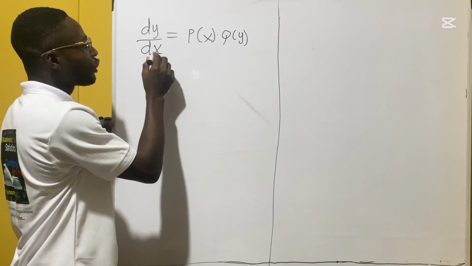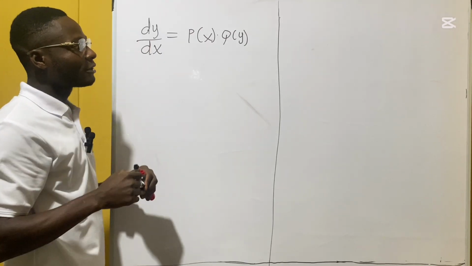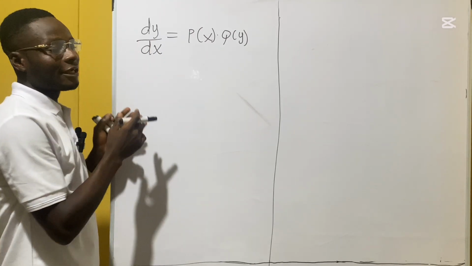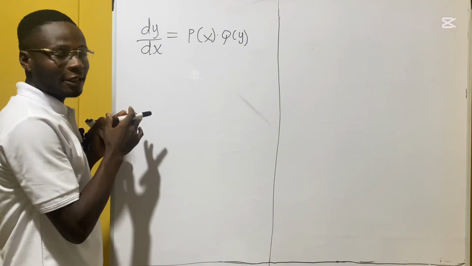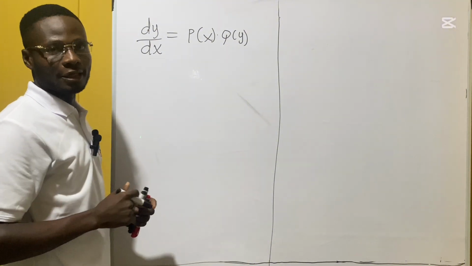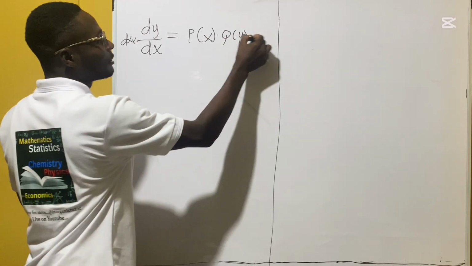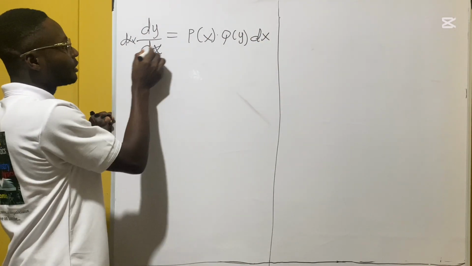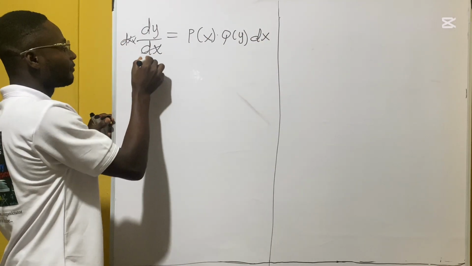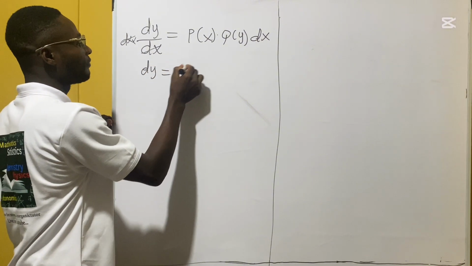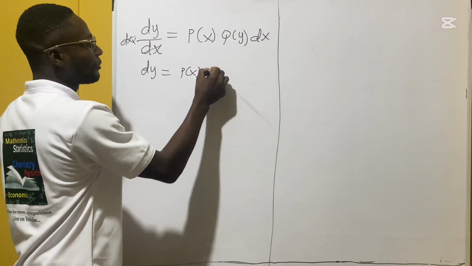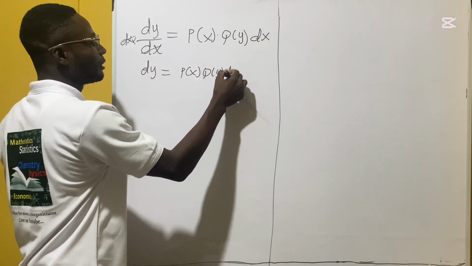So here, make sure that the y terms move to one side. That means you are isolating the y term and isolating the x term. We multiply by dx, so this takes off this, and we have dy equals p of x, q of y dx.